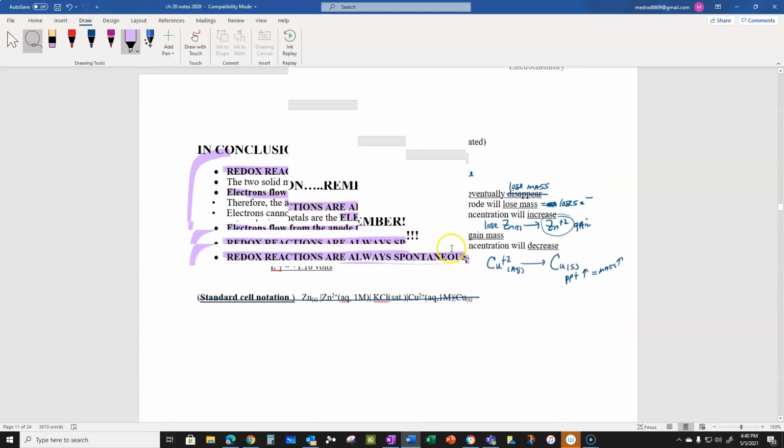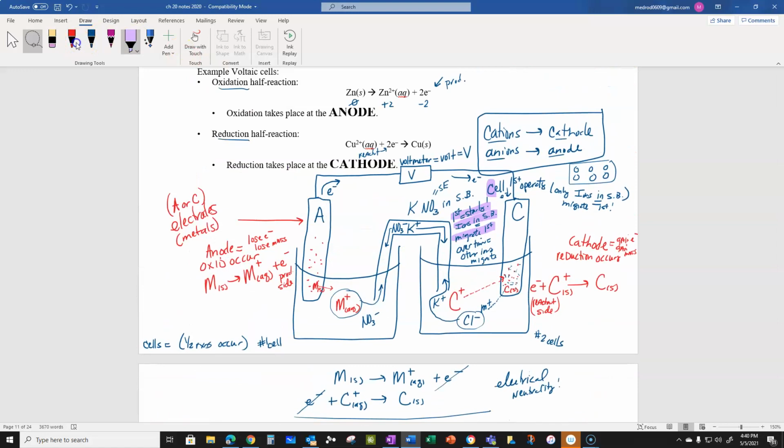According to our picture, the anode is always negative and the cathode is always positive. So these electrons, remember they're negative, are attracted to the cathode side. Remember, opposites attract. That's why they flow that way, and it'll always do that because it's spontaneous.